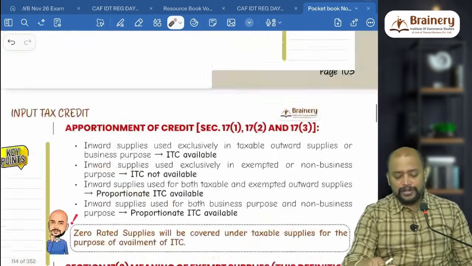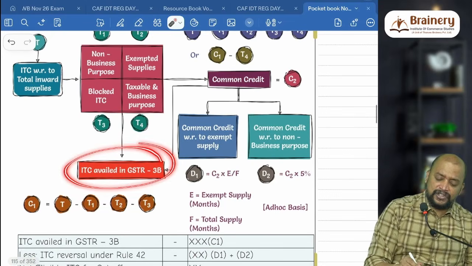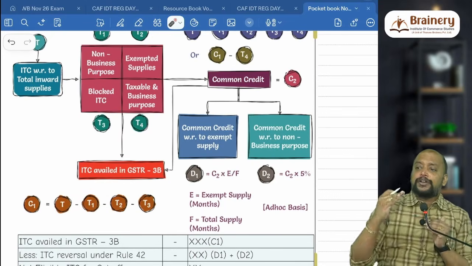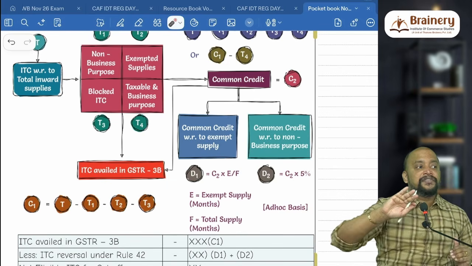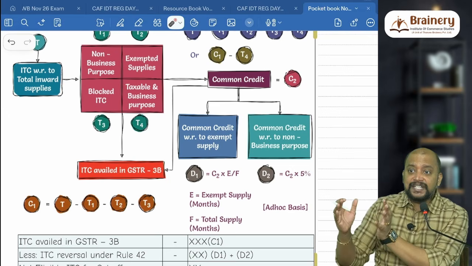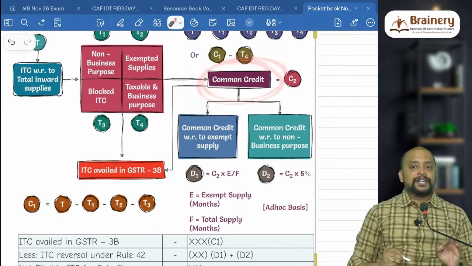So once we remove these three things, then what we get is known as ITC availed in GSTR 3B. That is C1. From that we need to separate T4, inward supply exclusively for taxable and business purpose. If you take that out, the remaining is known as common credit.